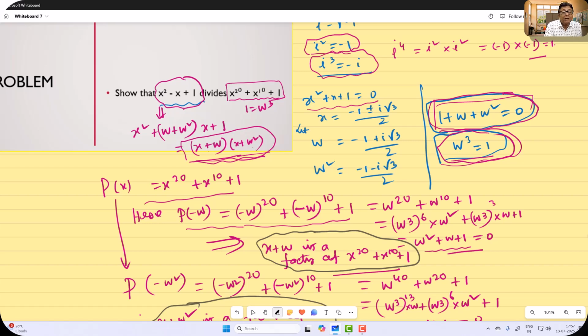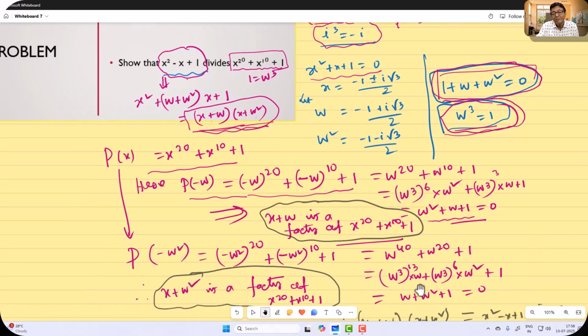Now the second factor, x plus omega square, where alpha is going to be minus omega square. If you replace x by minus omega square, then it is (minus omega square) to the power 20 plus (minus omega square) to the power 10 plus 1. Simplify it, it will be omega to the power 40, omega to the power 20 plus 1.